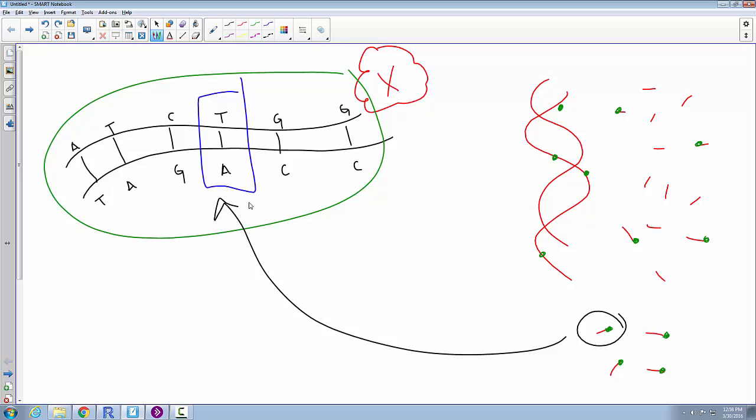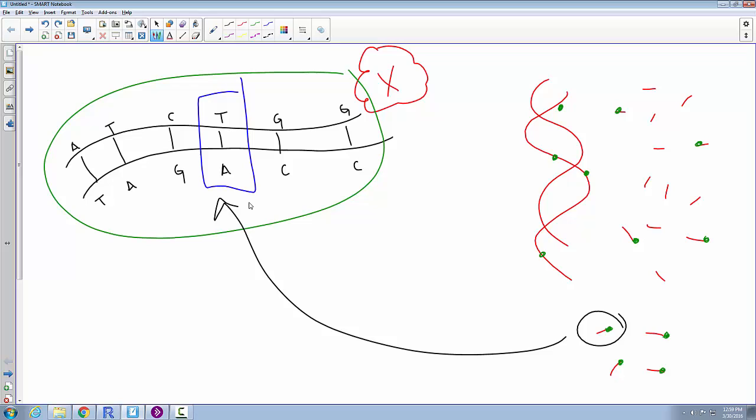In a human, what we have on the screen is one portion of a DNA molecule. DNA is 2 strands, and T's go with A's, for example. In a human, there's actually 2 copies of this DNA strand. There's 2 chromosomes, 2 copies of the same DNA.